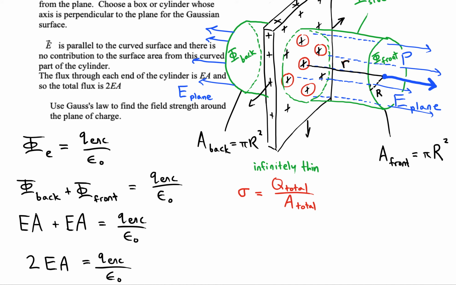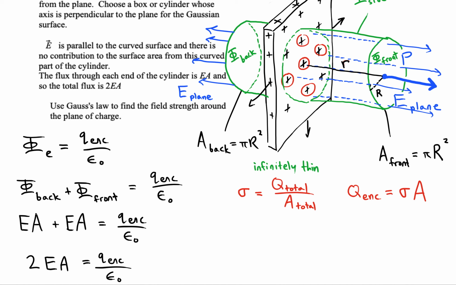If we solve this equation, we'll get that the charge enclosed by our cylinder will equal the area charge density times the cross-sectional area of that cylinder.